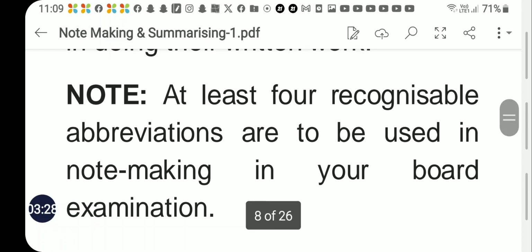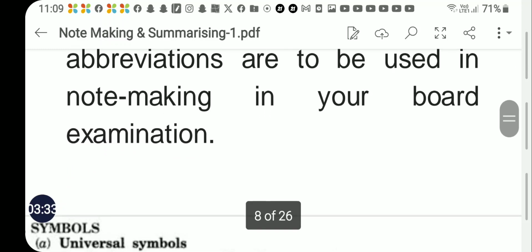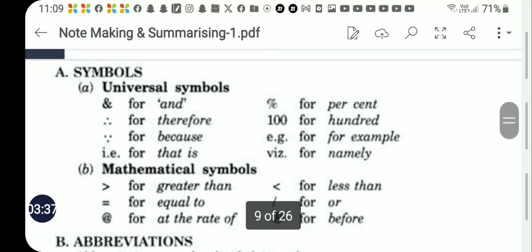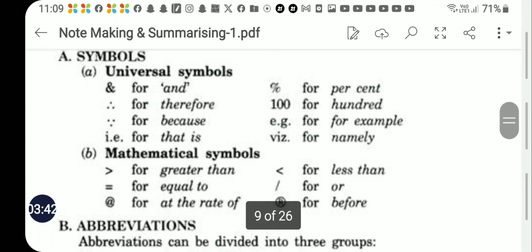Note: at least 4 recognizable abbreviations are to be used in note making in your board examination. Symbols: these are the universal symbols that you can make use of while you are making notes, right?